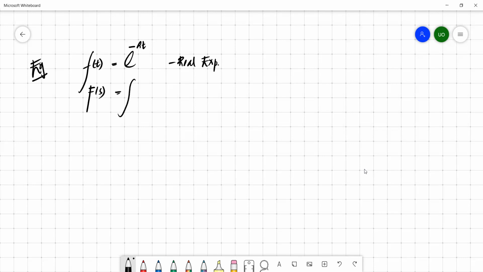You just plug in the integral from 0 to infinity, because we know that t is greater than or equal to 0. So e to the power minus at is our function f(t). Then we multiply by e to the power minus st, dt. Once you solve this, you will end up with the solution 1 over s plus a.